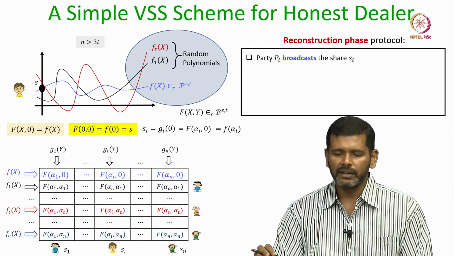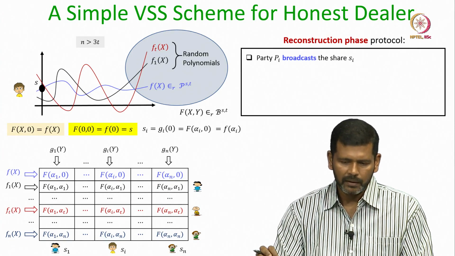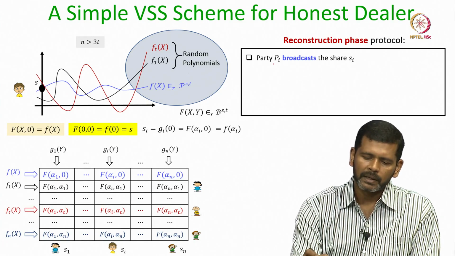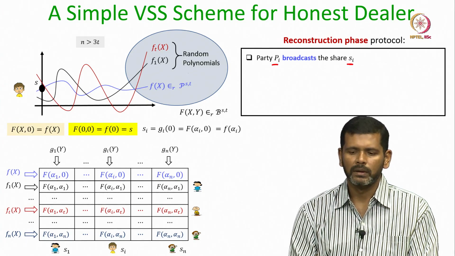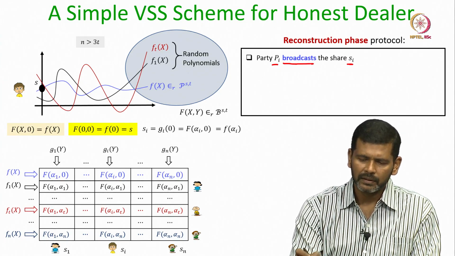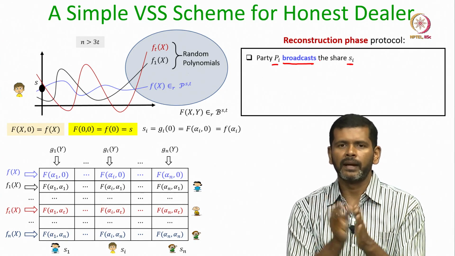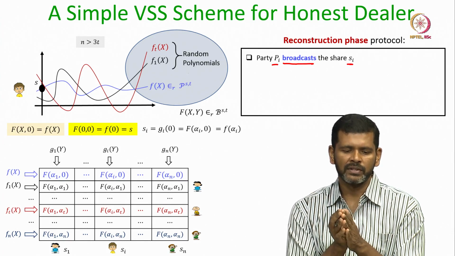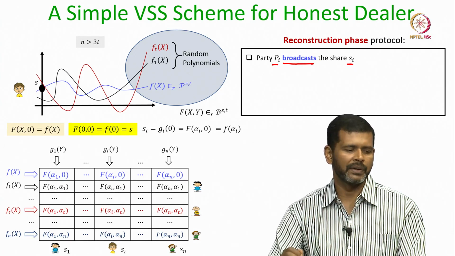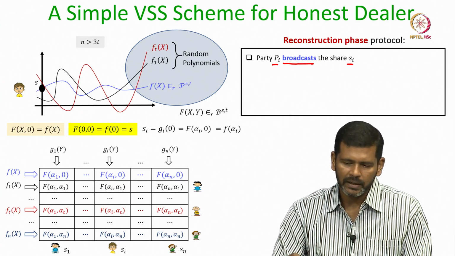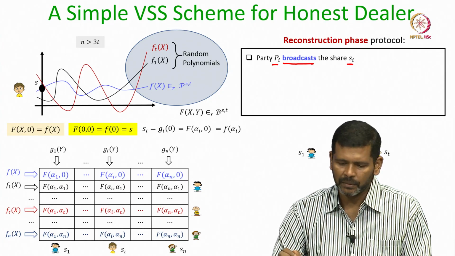Now, what will be the reconstruction phase protocol? Well, every party P i can make public its share S i, and when I say broadcast, it is not the reliable broadcast, it is not invoking an instance of reliable broadcast, but rather sending the share over the point to point channel to every other party. So, the party P i will send its share to every other party.